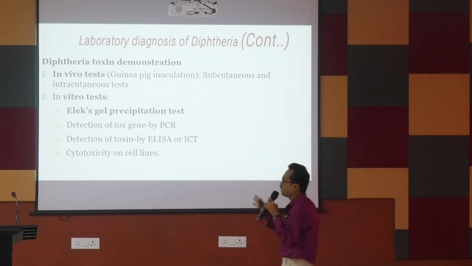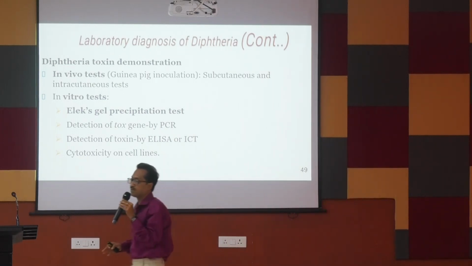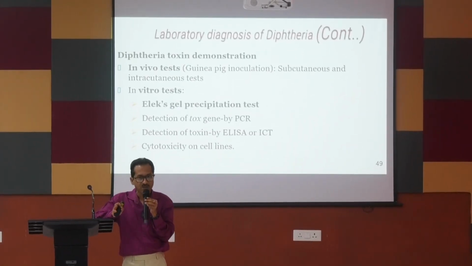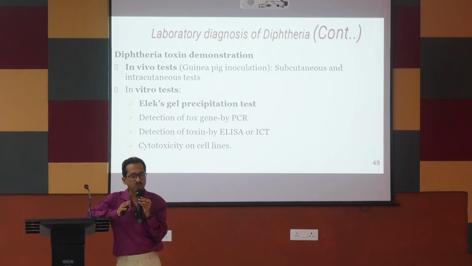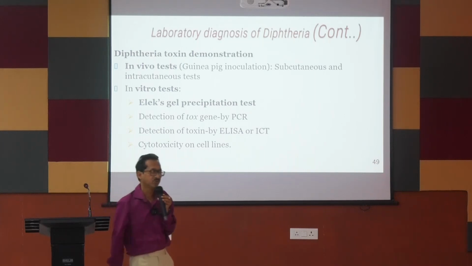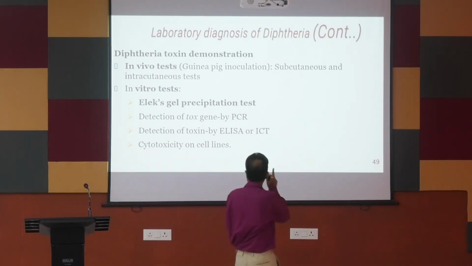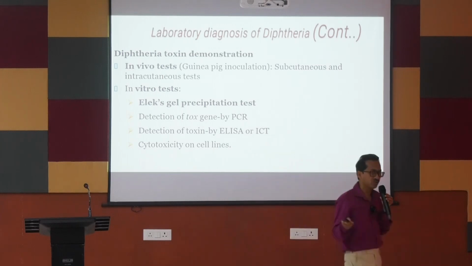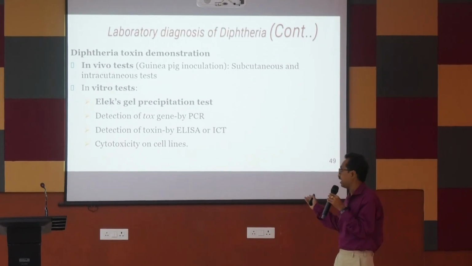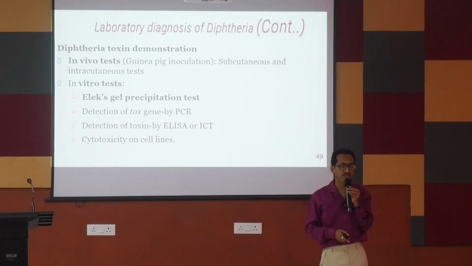So first is whether Corynebacterium diphtheriae-like bacillus is present or not. But even if it is present, you need to confirm the presence of toxin by the Elek gel precipitation test or tox gene by PCR. If you don't have PCR, you can do it by ELISA or immunochromatographic test.